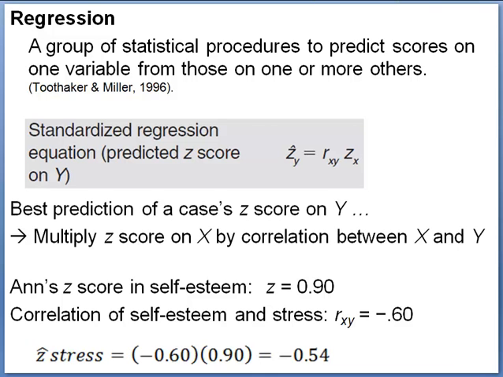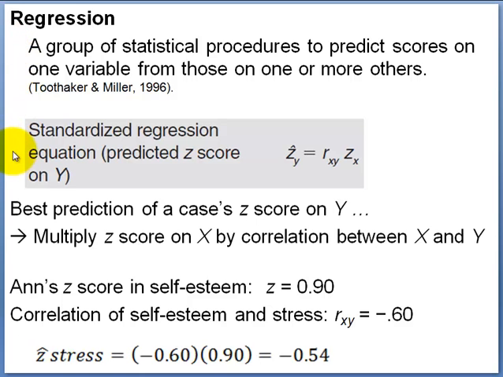We are going to talk a little bit now about regression. And let me say that regression and correlation are closely related procedures. The emphasis in regression is on predicting scores on one variable from those on one or more others.